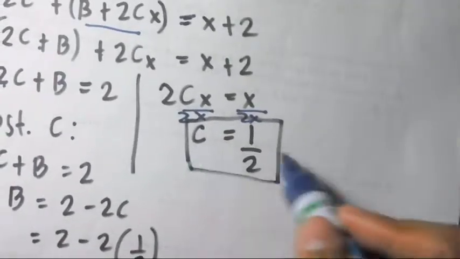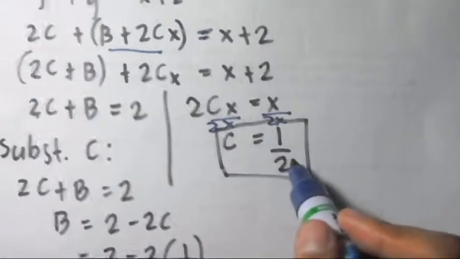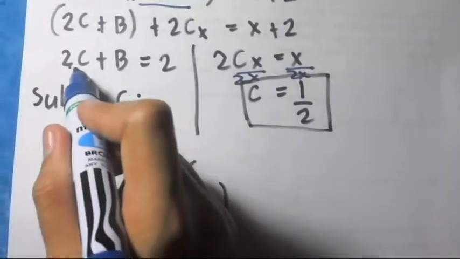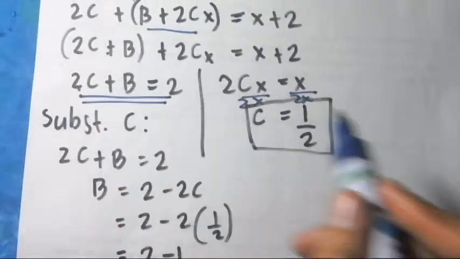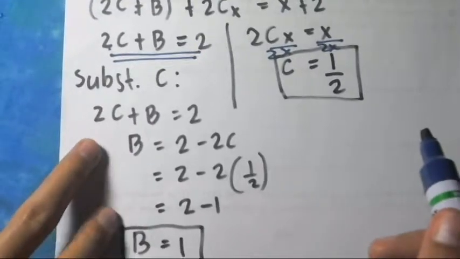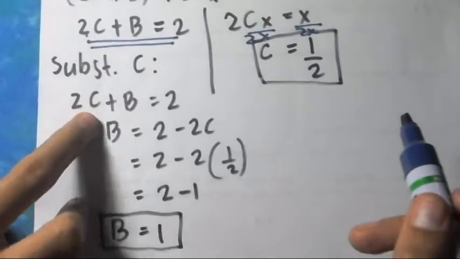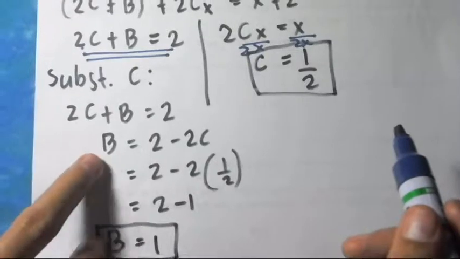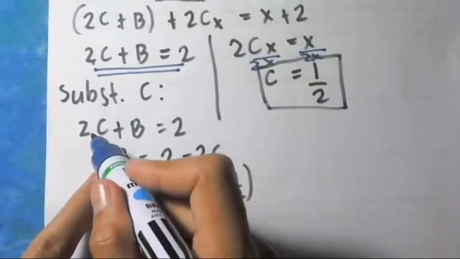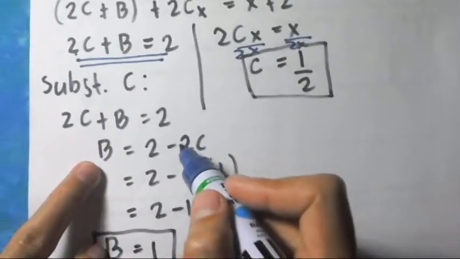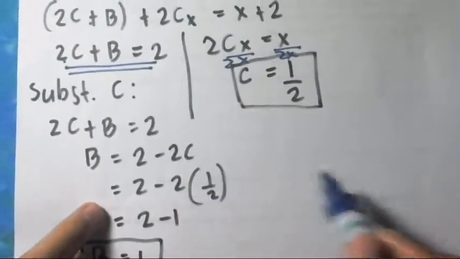After getting the value of C, we may now substitute it into the equation. Substituting into 2C plus B equals 2, we transpose the 2C, so it becomes negative 2C.